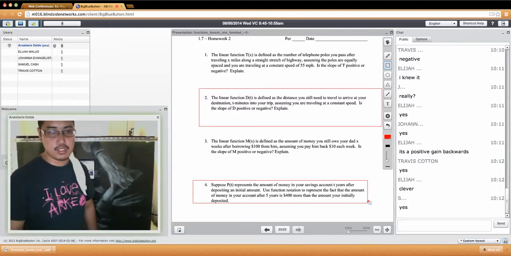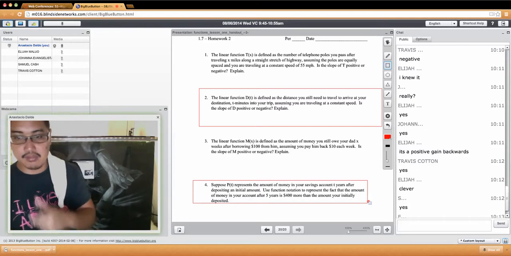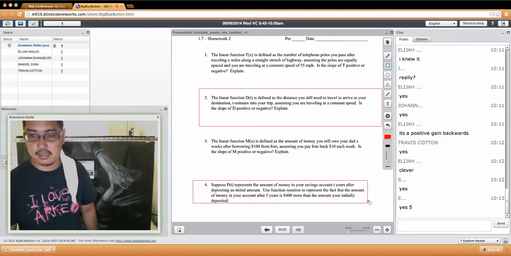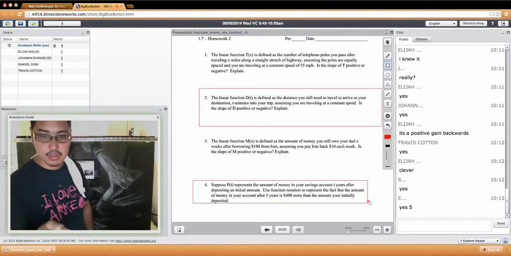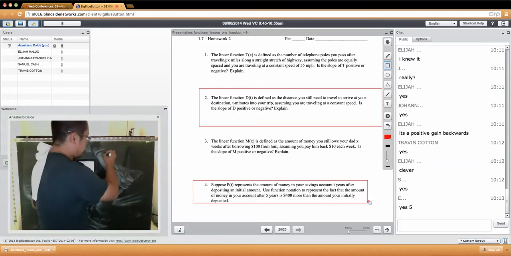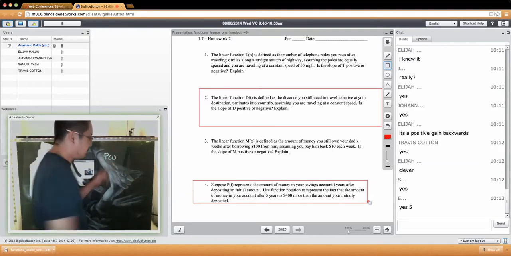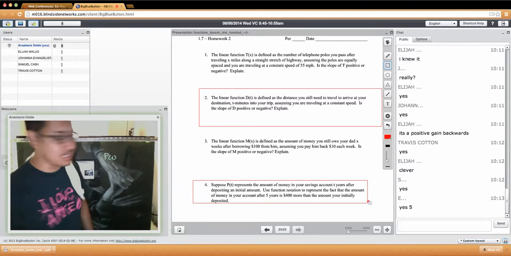So, do we know exactly how many years we're dealing with? Or do we know what the exact amount of the initial deposit is? We don't. We don't know the amount of the initial deposit. That's P(T). But we don't know exactly what the value of P(T) is.